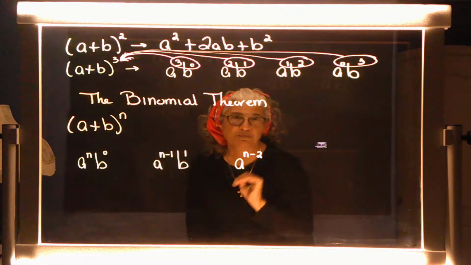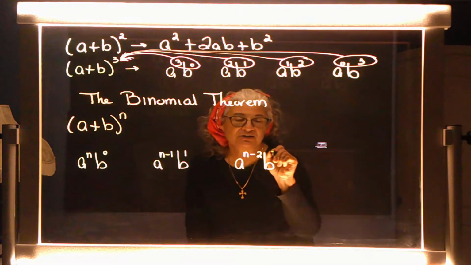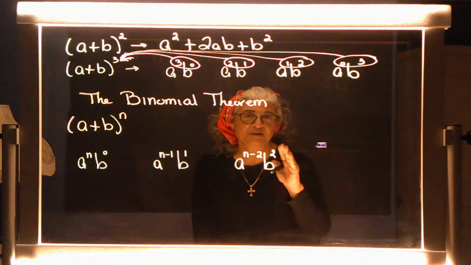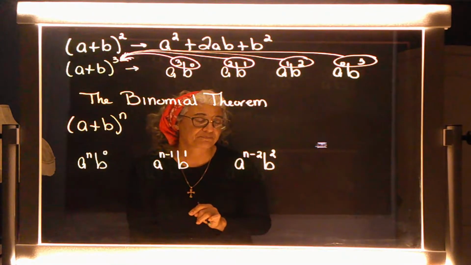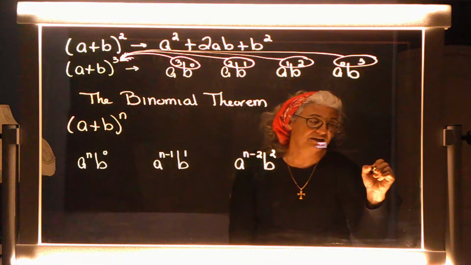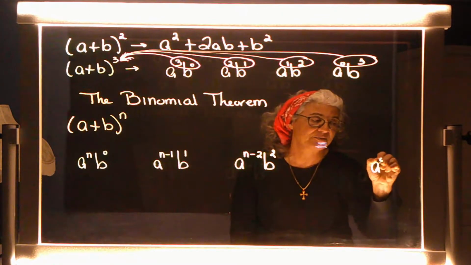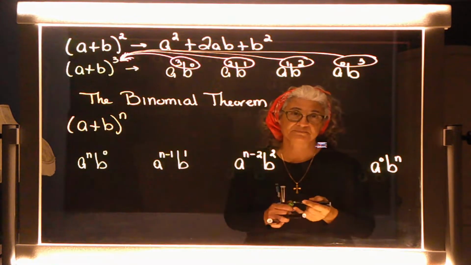It keeps going down by 1. And b would be to the power of, good, 2, because it keeps going up by 1. And when you add these 2 powers, you get n, don't you? And this happens all the way down to where we have a to the power of 0 and b to the power of n, don't we?